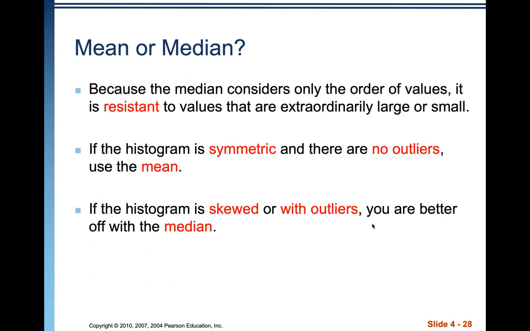The median considers only the order of the values. It is resistant to values that are extraordinarily large or small. Think about if you have a bunch of quiz grades, or in our class, problem set grades, and you've made high A's on most of them, but you throw one 0 in there, that is going to lower your average, your mean, tremendously.